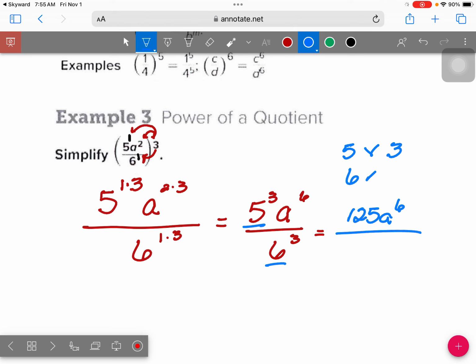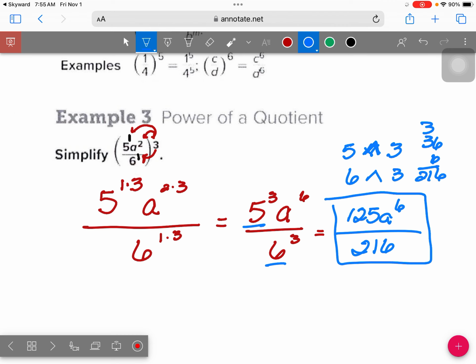Can somebody tell me that? Oh, it goes up, doesn't it? 6 to the 3rd power is 36 times 6, 216. And that is your final answer.